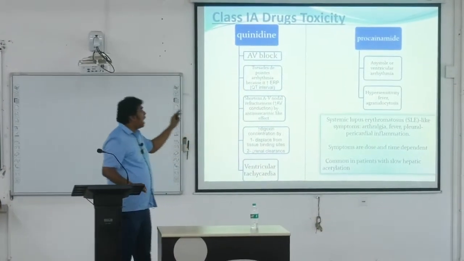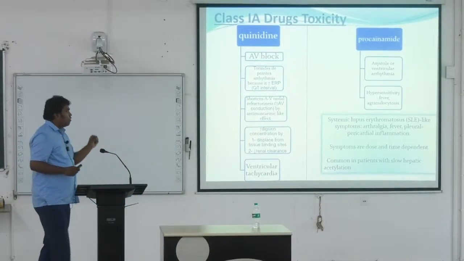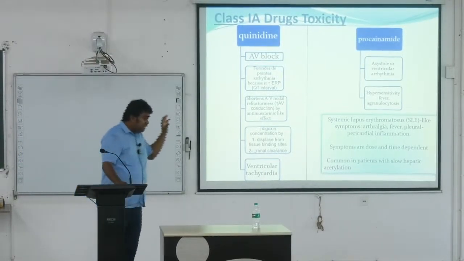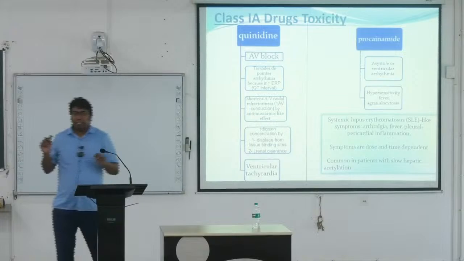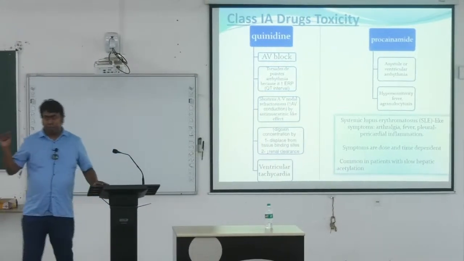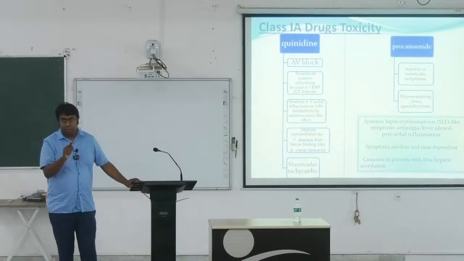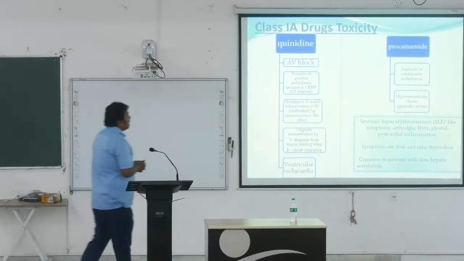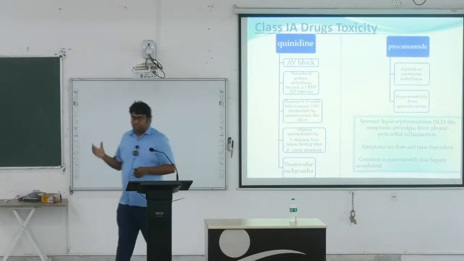There is also hypersensitivity and agranulocytosis. There is another term, drug induced SLE. SLE full form is systemic lupus erythematosus. Some drugs can produce this type of symptom. Procainamide is one of the drugs that can produce SLE-like symptoms.